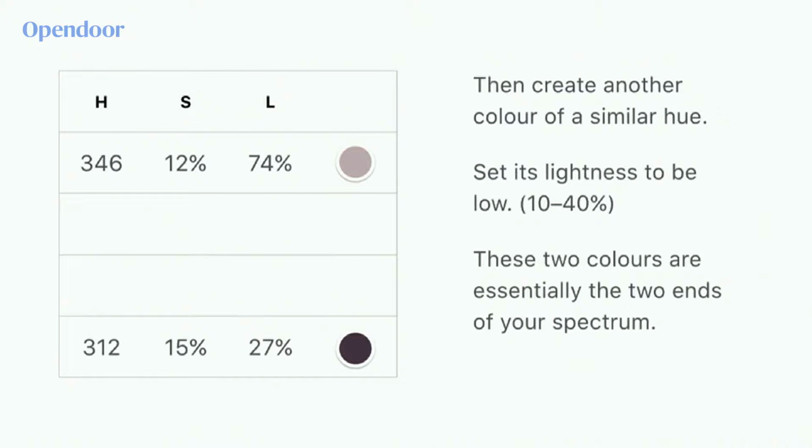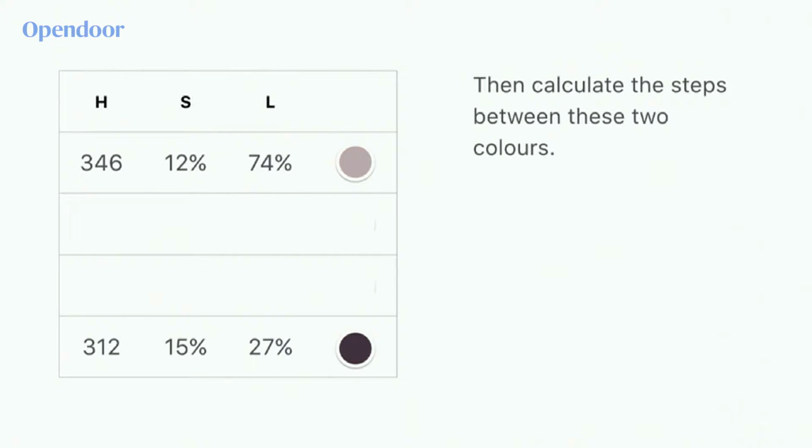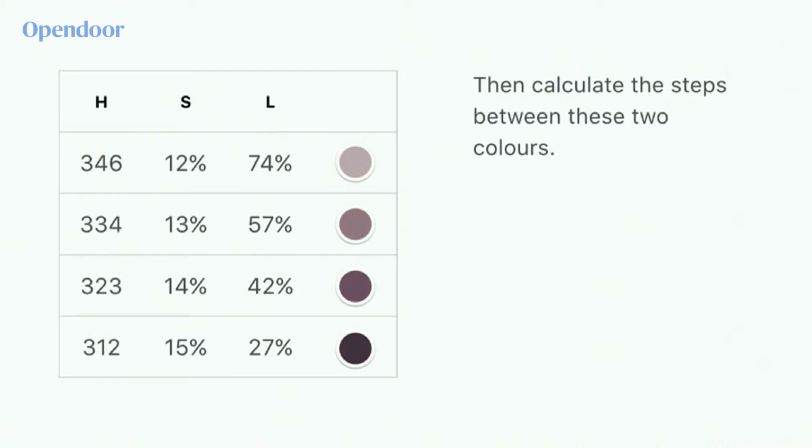Then we'll create another color of a very similar hue and set the lightness value to be much lower. These two colors essentially represent the two bookends of the spectrum that you'll be working with. Then we'll calculate the steps in between these two colors. In this example, the difference between the hues is 34, so the steps should be 34 divided by 3, which is around 11, like so. And now we have our analogous palette.